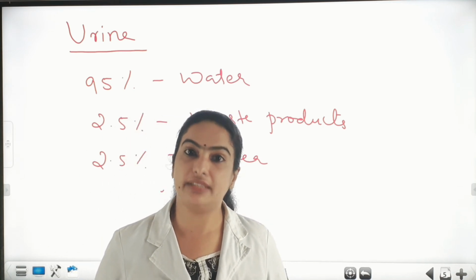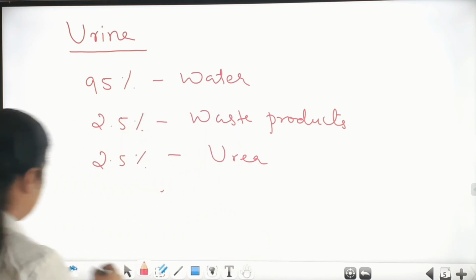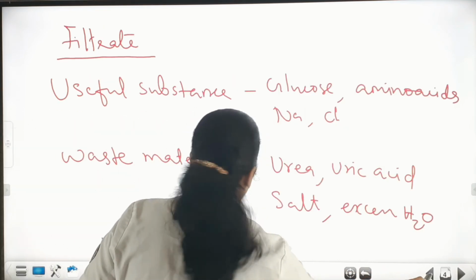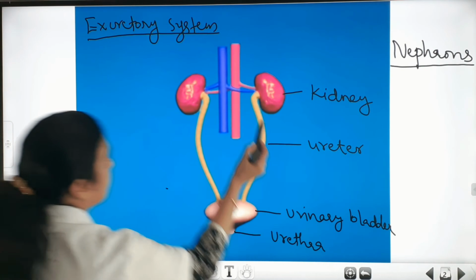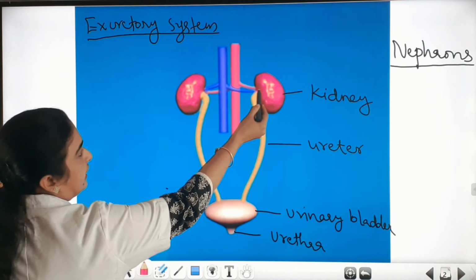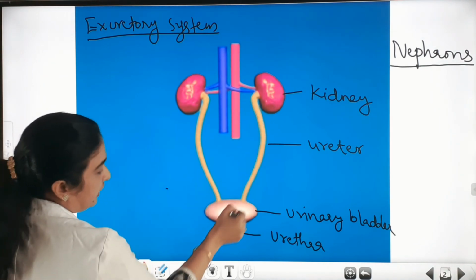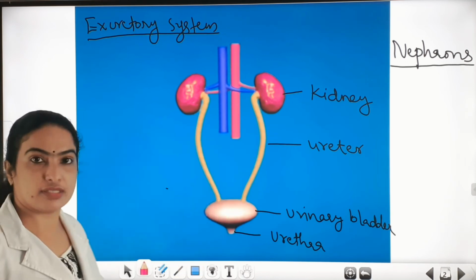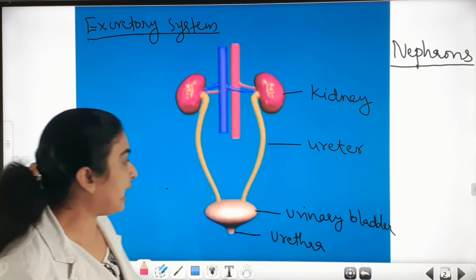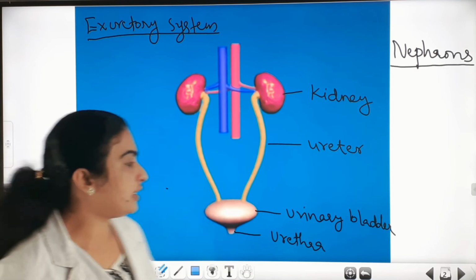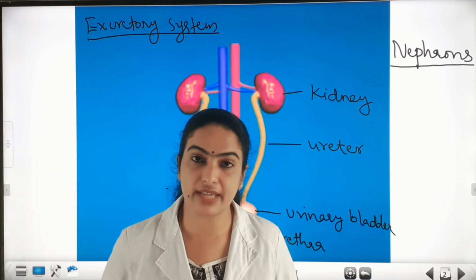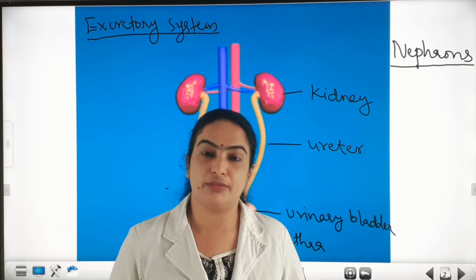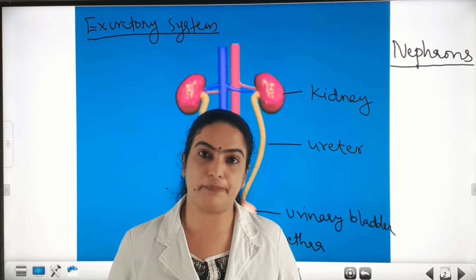From the collecting duct, it passes, we can see that structure. See, from the collecting duct, it reaches the urinary bladder through the ureters. Okay, so from the urinary bladder, it passes out of the body through the urethra. So this is actually the working of the excretory system.